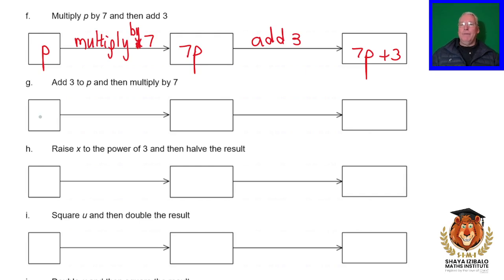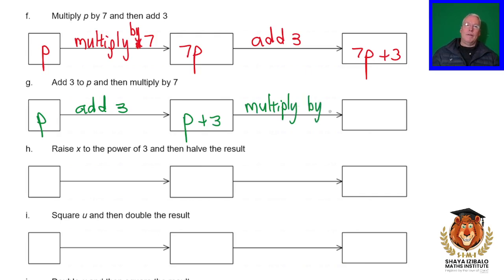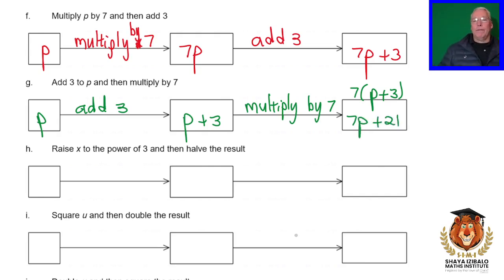Add 3 to p. P plus 3. Now multiply by 7. Okay, and it's going to be like this. 7 brackets p plus 3. Or you might say, Paul, can we just multiply the 7 by p? Yes. And the 3 by p? Yes. Both are equally good.